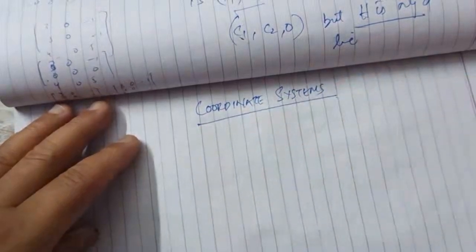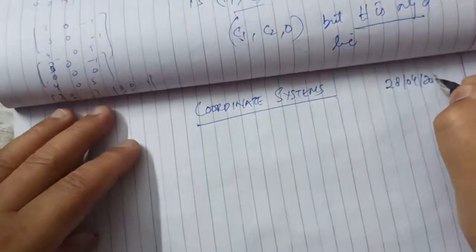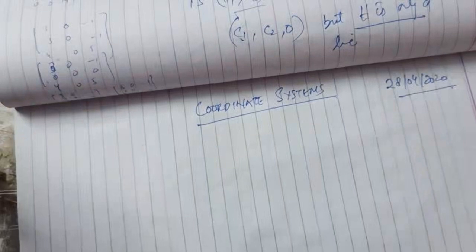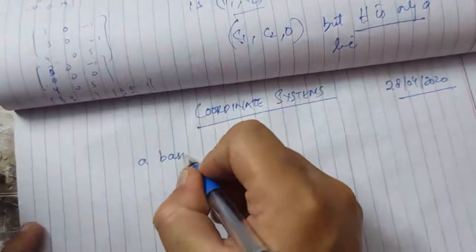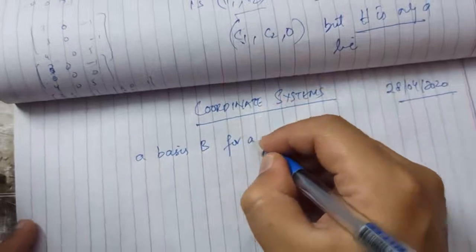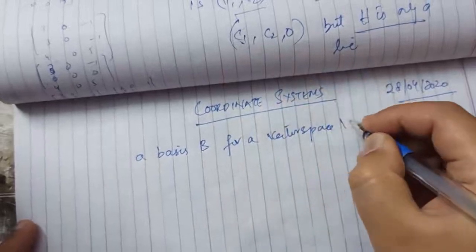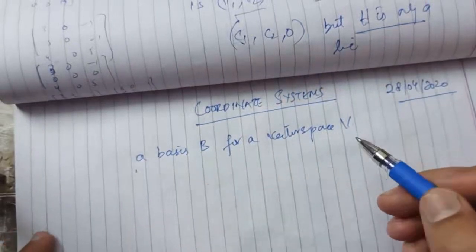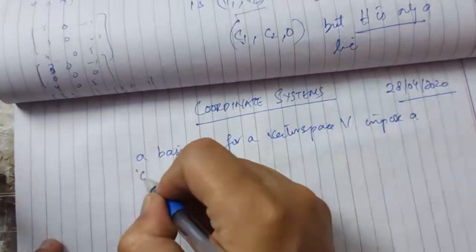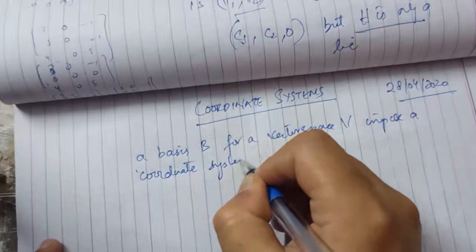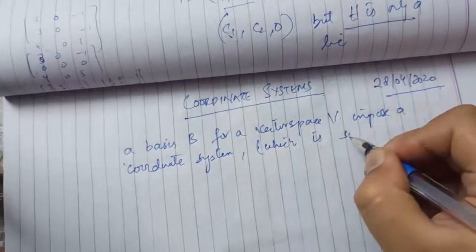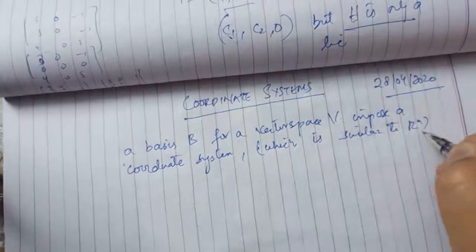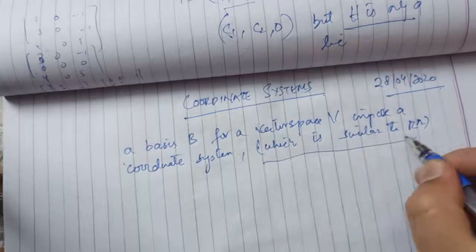What it generally does is, if we superimpose, let's say, a basis B for a vector space V, it imposes a coordinate system which is similar to Rn, but might have different orientations.